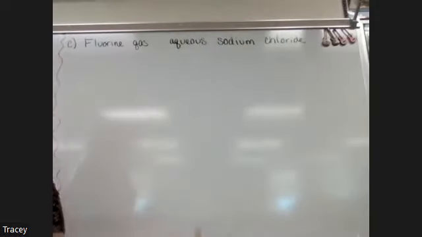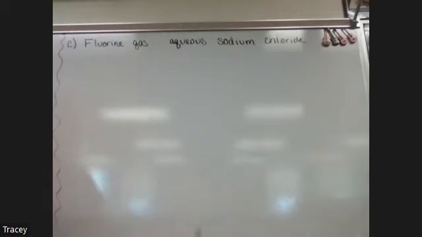All right. Moving on to the back. We have letter C, fluorine gas reacting with aqueous sodium chloride. This is non-metal replacement. So we know that fluorine gas is a non-metal, hopefully by reading the word gas.